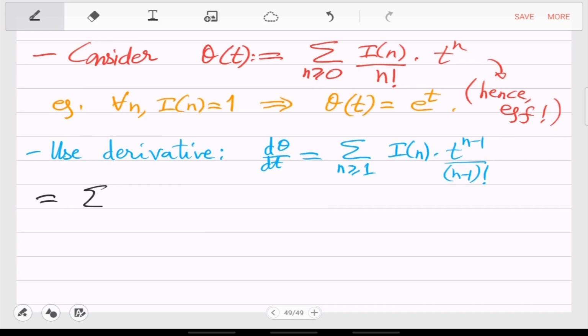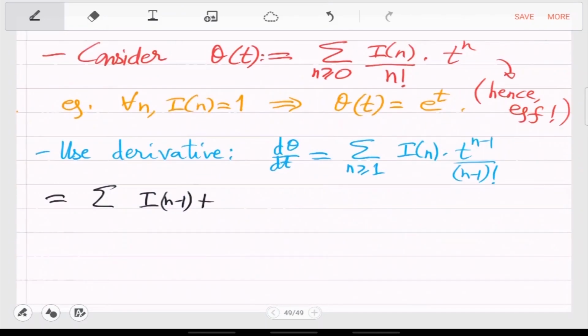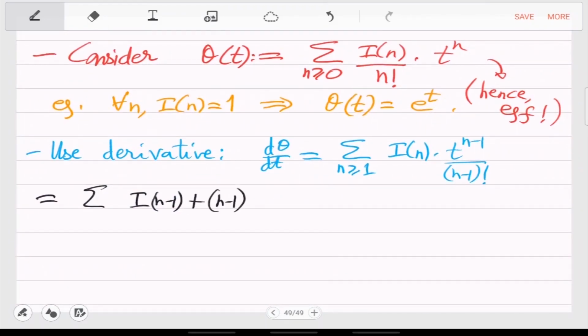So what you will get is n minus 1 times In minus 1 plus n minus 1 times In minus 2. So do you see some simplification here? This In minus 1 by n minus 1 factorial is of a good form.